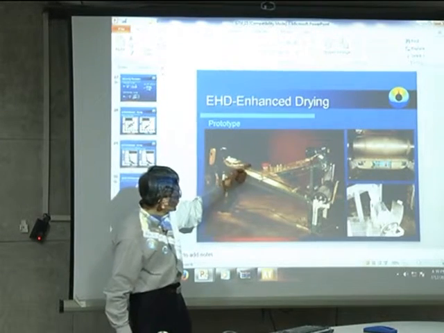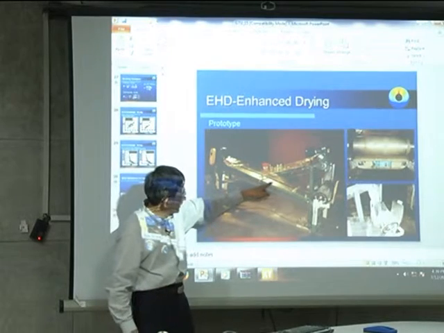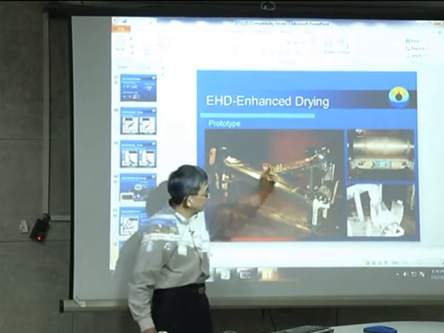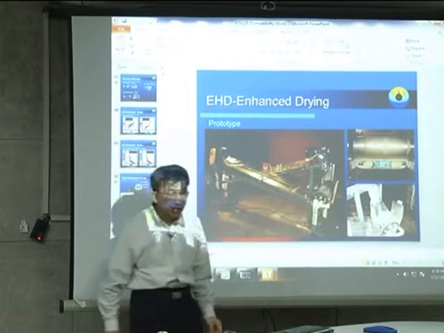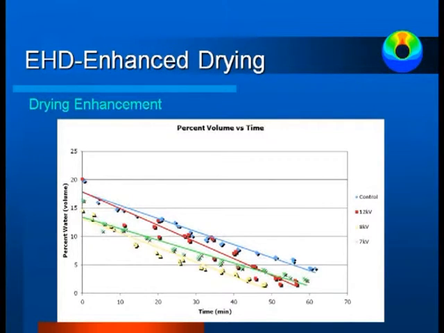We charge the wire on top, so it creates a corona wind, and we use it to dry sand. The result is presented here.